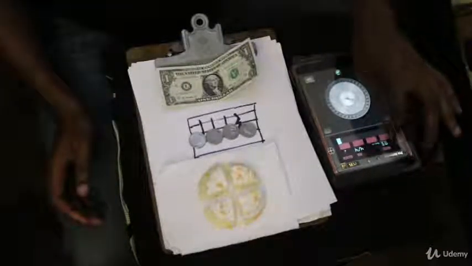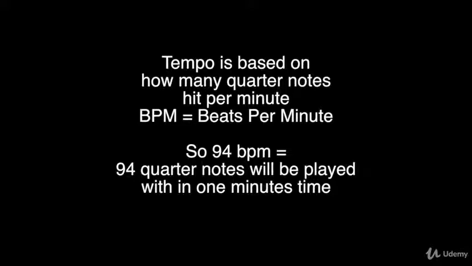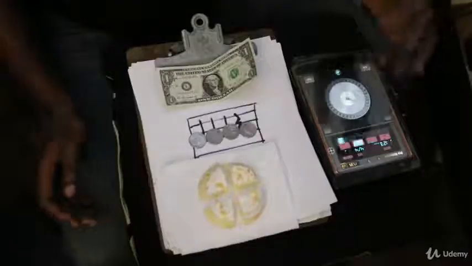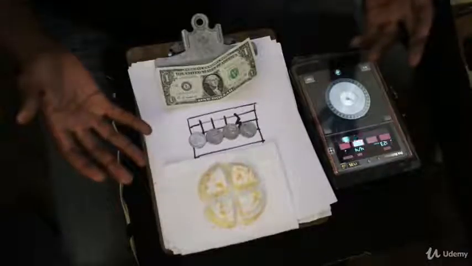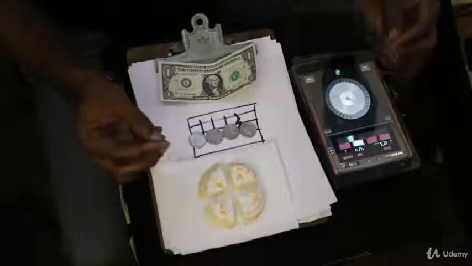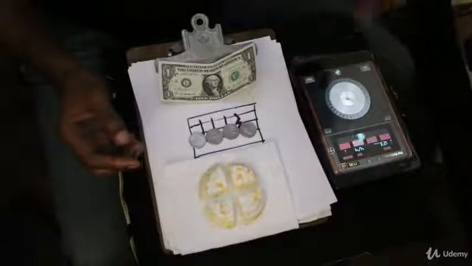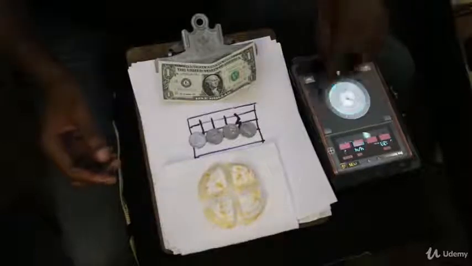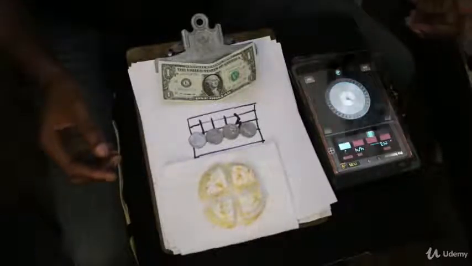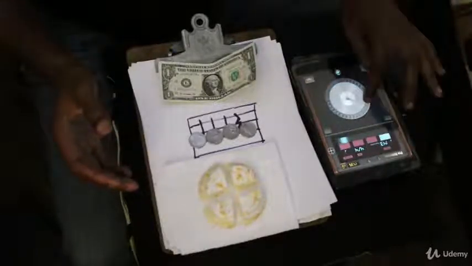Now, if the tempo is raised, now, do the notes change? No, the notes do not change. They're still quarter notes. Every bar is still a quarter note. So no matter how fast we go, we're still quarter notes.